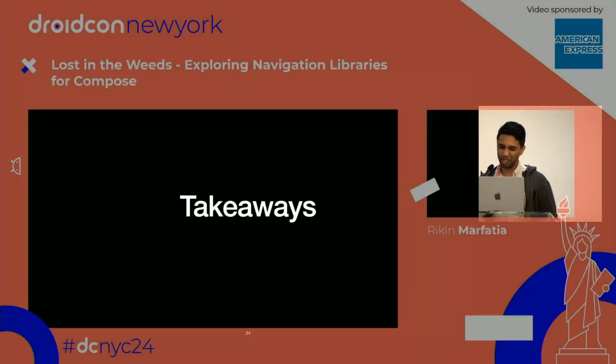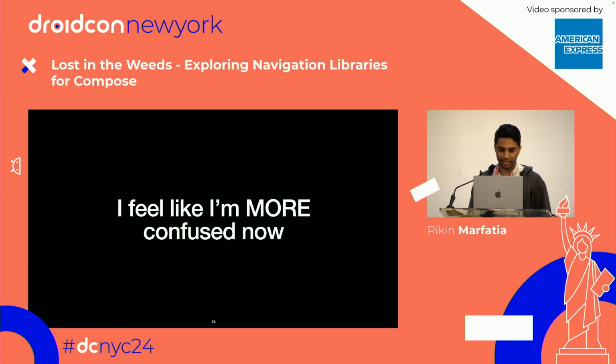Cool, all right. So that was a lot of looking at code, getting a little bit familiar with these libraries. My takeaways are, I feel like I went on this journey for a little bit of clarity, but I kind of feel like I'm more confused now than I was.